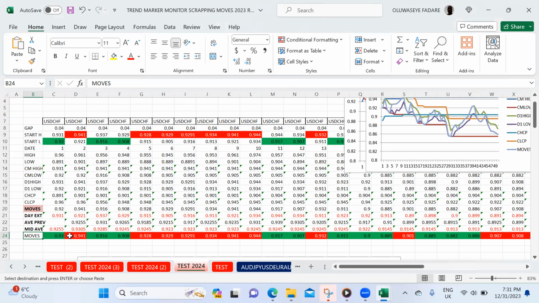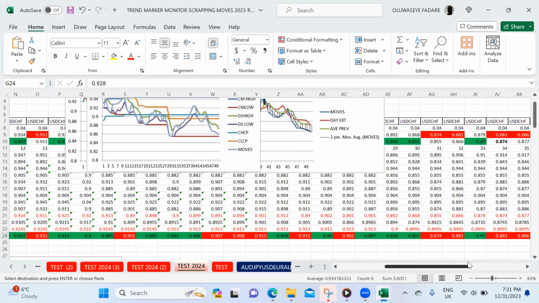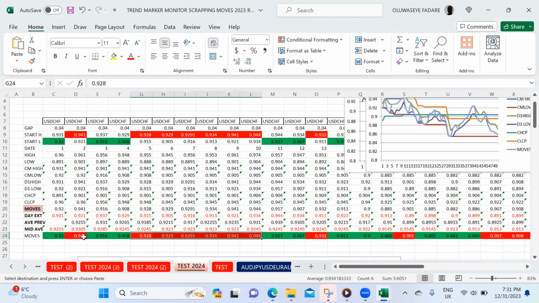You can see only the colored positions here: here is the green, here is the red, here are two greens, and so on, the greens and the reds, till the end of the period. Based on my own tabulation, this is what I call the moves.